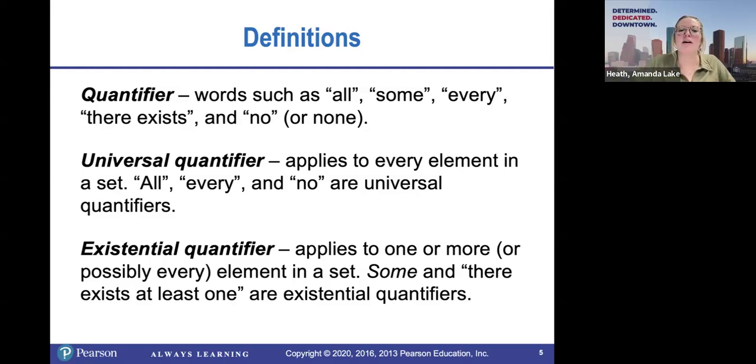So universal quantifiers are things like all, every, or no, meaning that across all of these things, or every one of these things, or none of these things, the statement is being applied. Now, existential quantifiers refer to the existence of something. So this applies to one or more element in a set. So some or there exists, or for some are existential quantifiers.